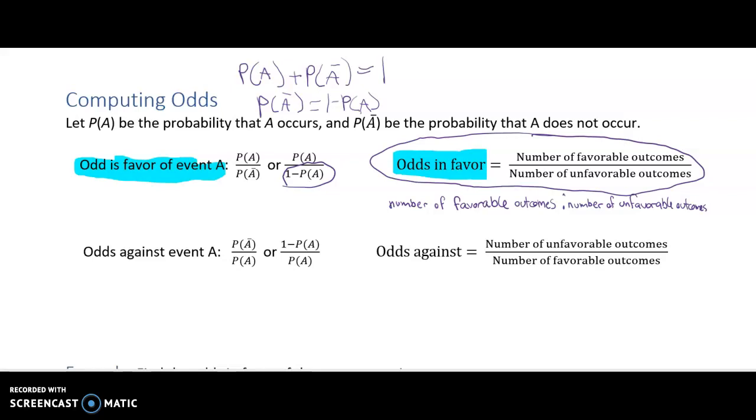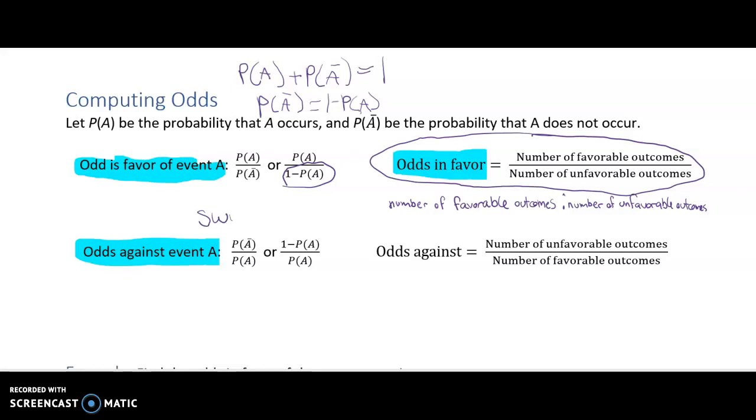Just like we can find odds in favor, we can also find the odds against your event A. It's the probability of not A divided by the probability of A, or 1 minus P of A over P of A. What happens?